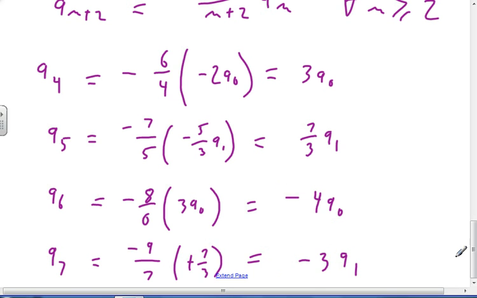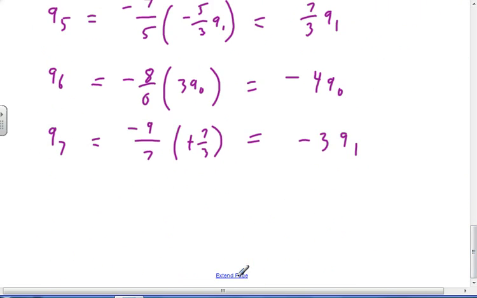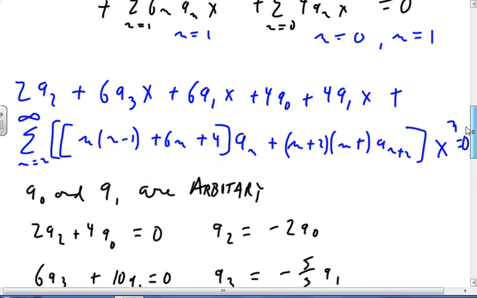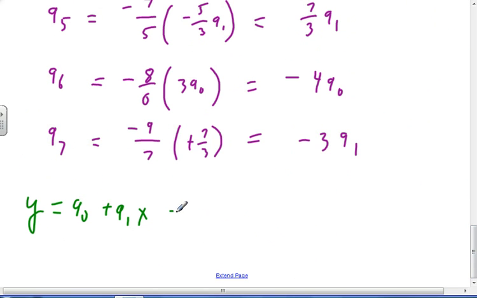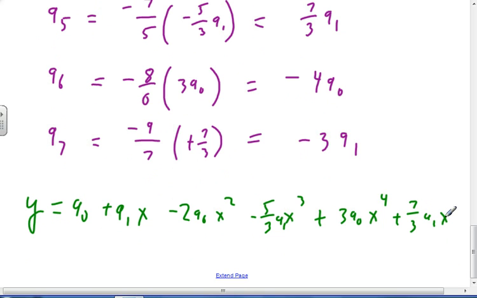Minus 3A1. Well, yeah, so y is going to be A0 plus A1x minus 2A0x squared minus 5 over 3 A1x cubed plus 3A0x to the 4th plus 7 over 3 A1x to the 5th.